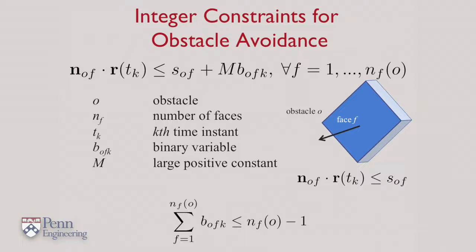Except I've modified this equation by adding a positive term on the right-hand side. This positive term consists of a large positive constant m and a binary variable b. This binary variable is characterized by the obstacle O, the face F, and the time instant t sub k.